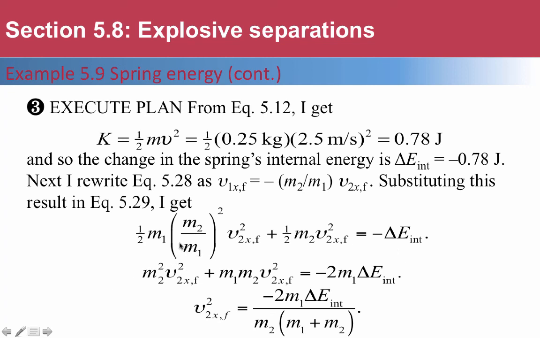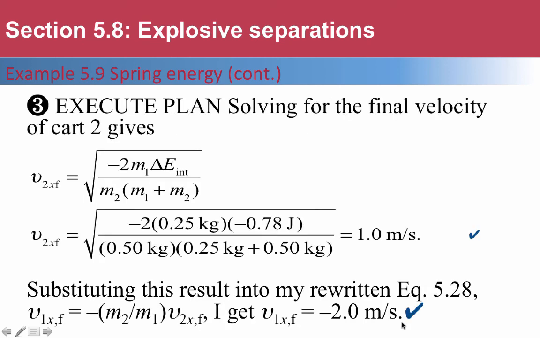Simplify that by multiplying both sides by 2M1. Then factor out the V2 squared and divide by M2 times M1 plus M2. And now our V2 final is equal to the square root of 2M1 delta E over M2 times M1 plus M2.